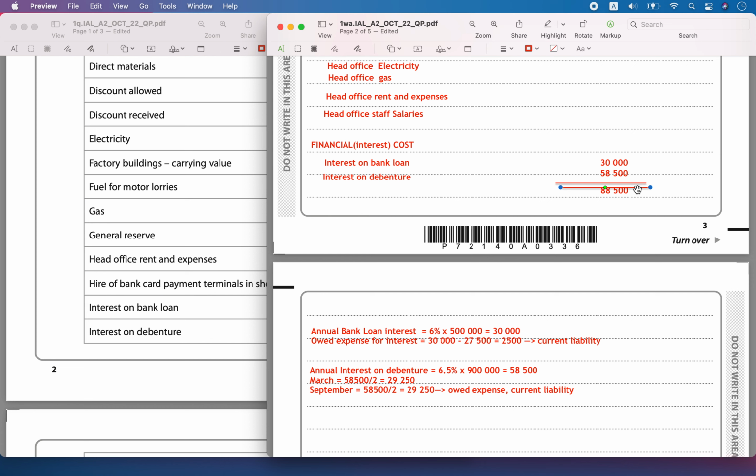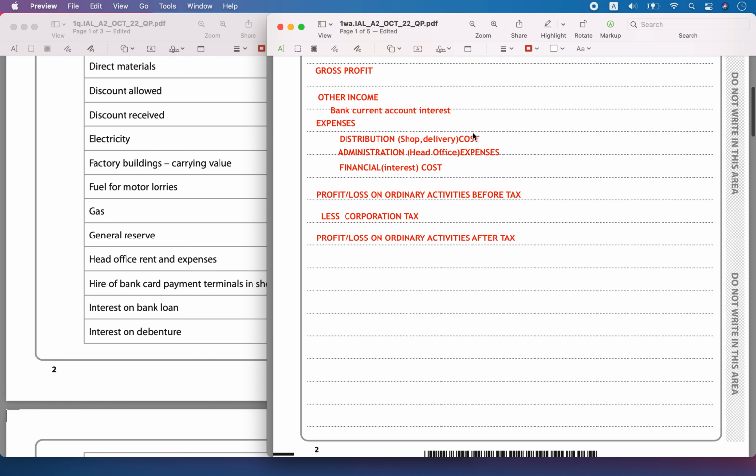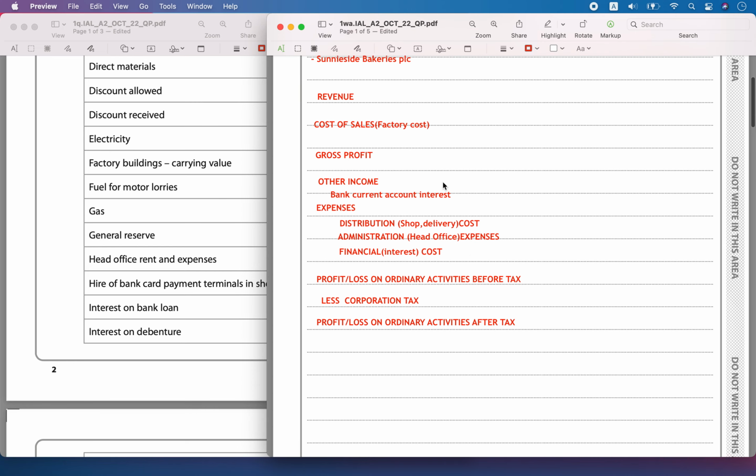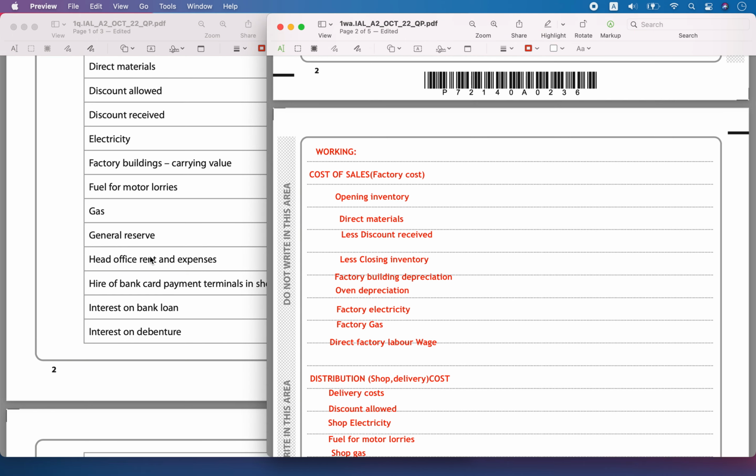Okay, 88,500 is the financial cost, and you can go and fill it up here. Financial cost is 88,500 pounds.